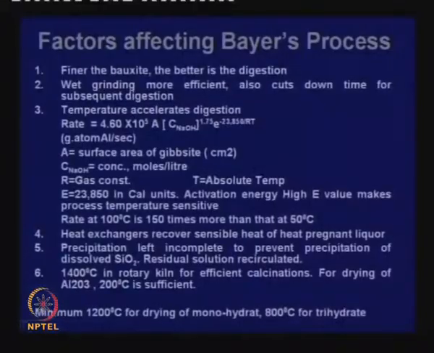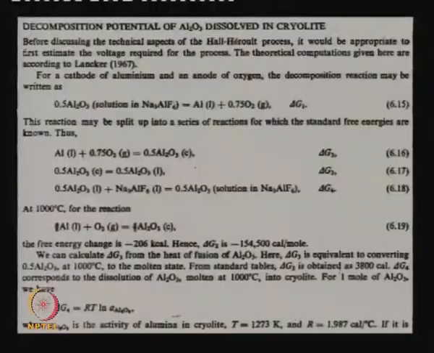Some people would rather settle for lower temperatures, because autoclave operation at higher temperatures means more expensive equipment and more energy. So, different companies have different ways of doing it. No two companies act in the same manner. Eventually, everybody tries to produce pure Al2O3, which will go into an aluminum cell.